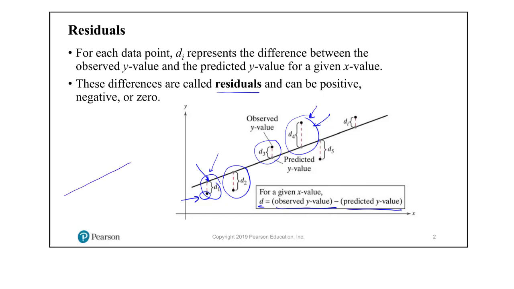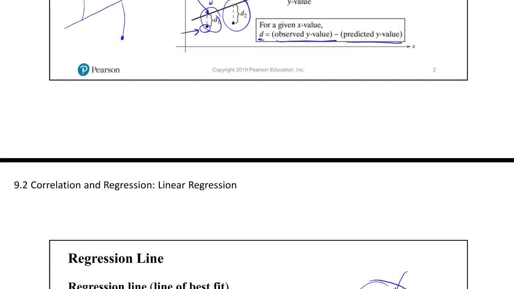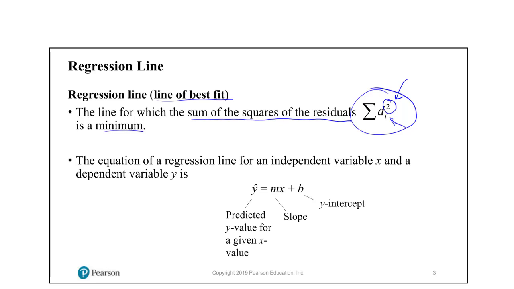We don't want to think that just because we have one point that's way above and one point the same distance below, that that's really good because these ended up canceling each other by positives and negatives. So what we do is we square it, so all those residuals become positive or zero. So we're actually getting a true measure of how far everything is from the line.